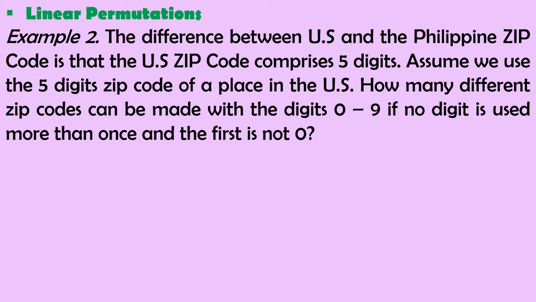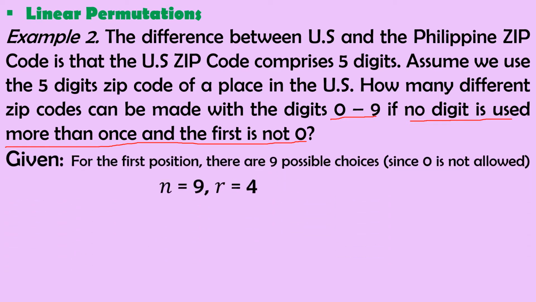How many different zip codes can be made with the digits 0 to 9, if no digit is used more than once and the first is not 0? So I want you to take note of the digits 0 to 9, and no digit is used more than once and the first is not 0.